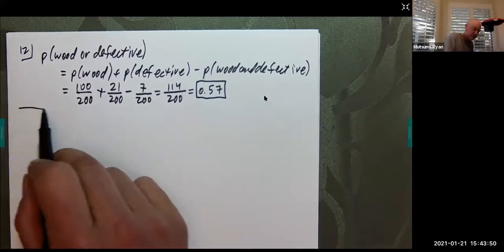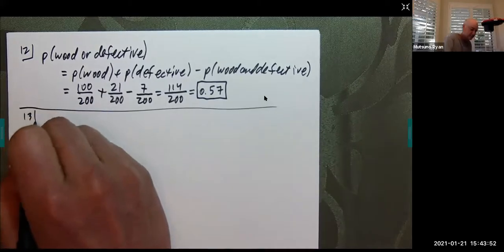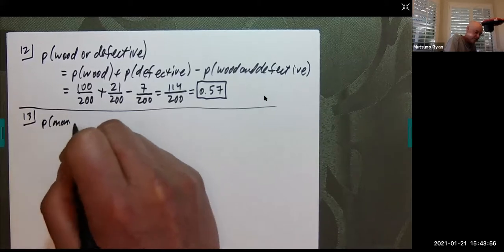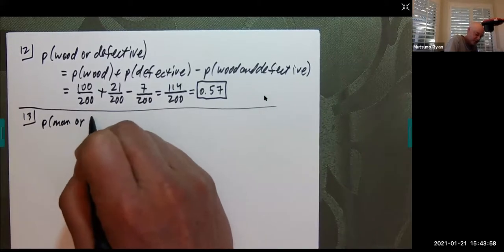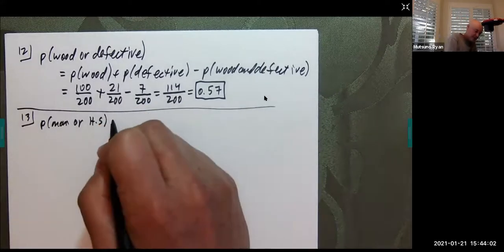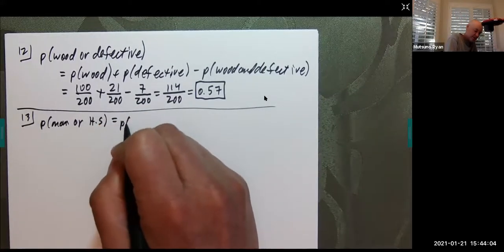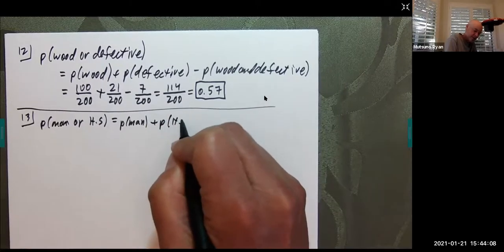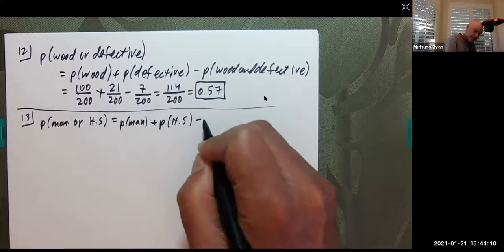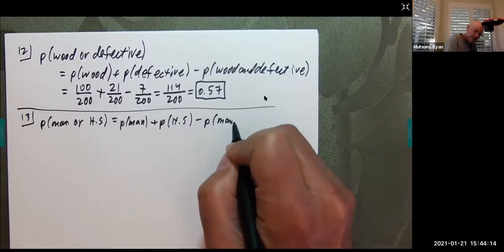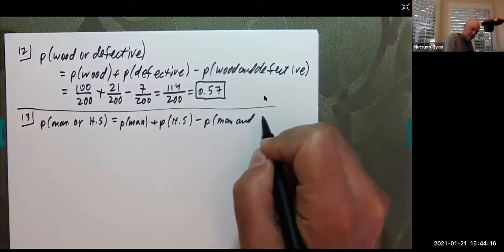So for number 13, probability man or a heavy smoker. Well, that's going to be the probability that's a man plus the probability that they are a heavy smoker minus the probability that it's a man and a heavy smoker.